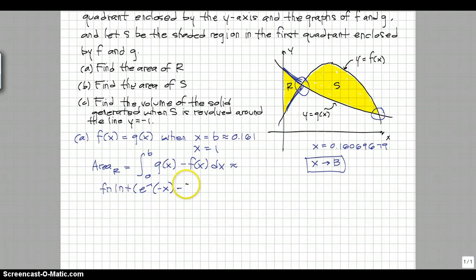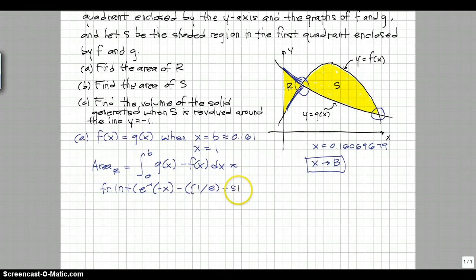and then subtract 1 over e. If you're used to using the e to the x button on the calculator, there isn't just a plain old e button over on the other side. It's the second function on the division button.